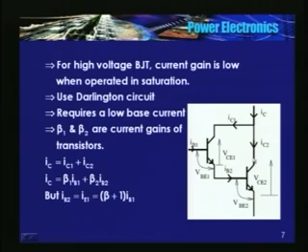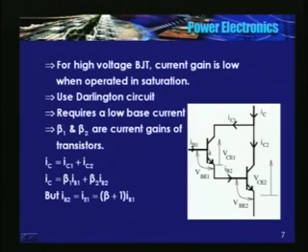So, total IC is IC1 plus IC2, and what is IC1? It is beta 1 into IB1. Some IB1 is flowing into the base of transistor 1 and I am measuring some beta.